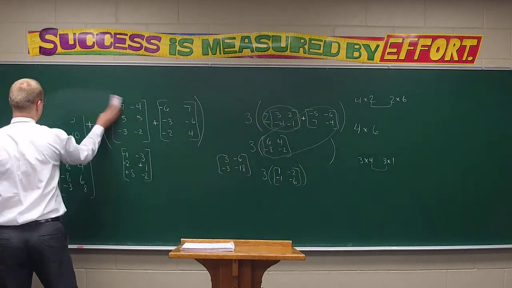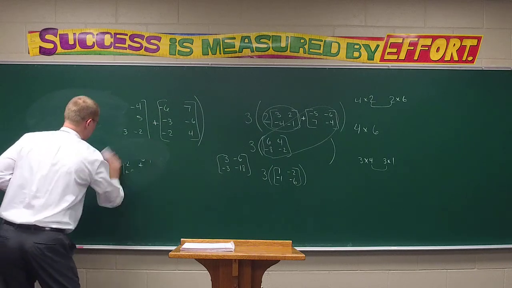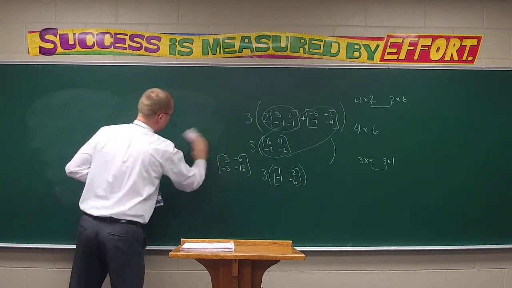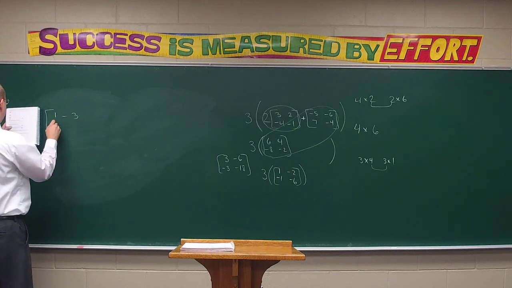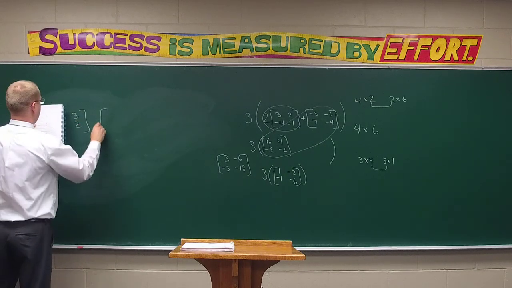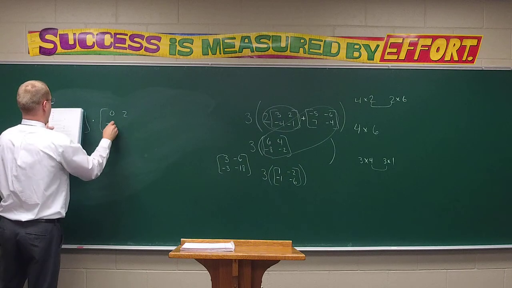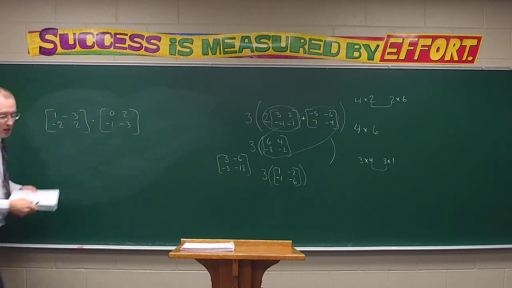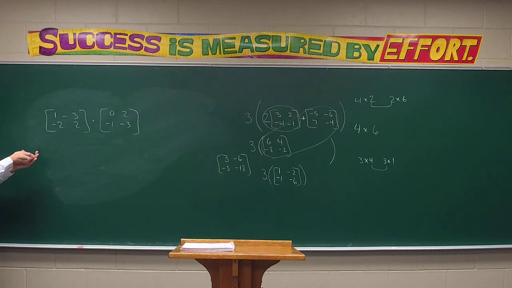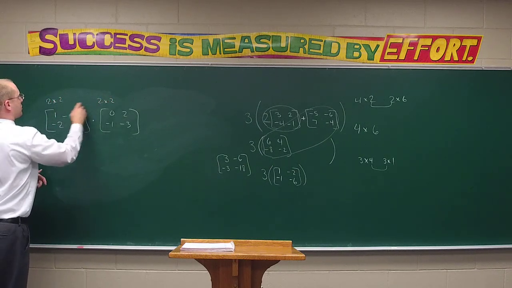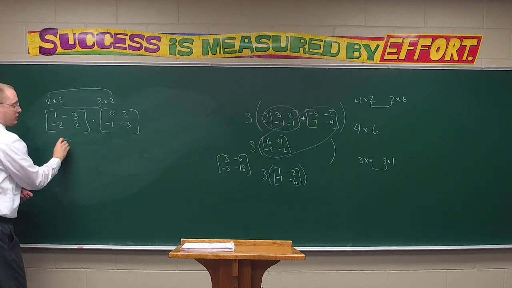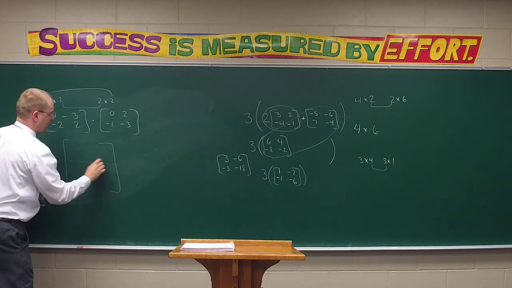Let's go ahead and refresh our memories on the multiplication of matrices here. We got the 1, -3, the -2, 2, and multiplied by 0, 2, -1, -3. All right, so we do know our answer is going to be a 2 by 2, not because you always get what you start with, but because that's what the outer dimensions are.